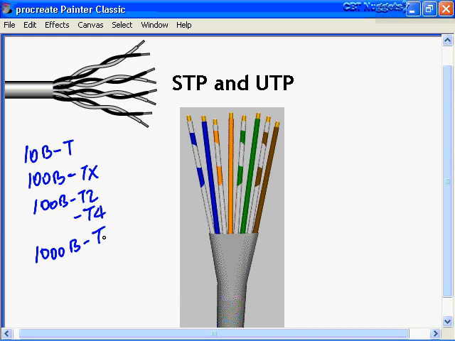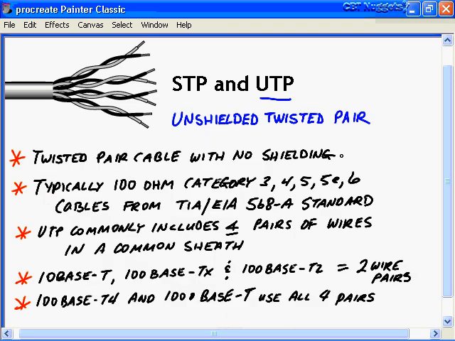Let's talk now specifically about unshielded twisted pair, or UTP. Well, unshielded twisted pair, or UTP, is just what the name describes. It's twisted pair cable with no additional shielding on it. Basically, it's just these 4 pairs of twisted wires inside a common sheath. So UTP commonly includes 4 pairs of wires in a common sheath, even though all 4 pairs of those wires may not all be used.